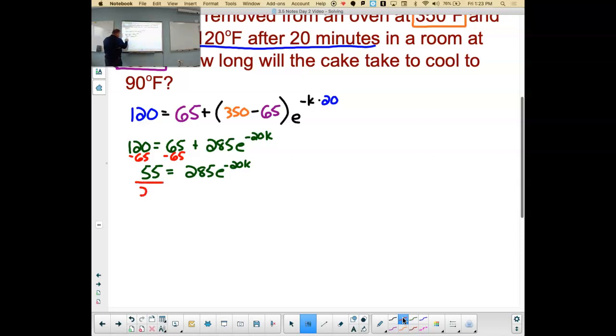Then I would divide both sides by 285. That's going to give me 11/57. If you wanted to leave that as 55 over 285, totally fine, because we're not done with the problem, so we don't have to reduce it quite yet. e to the negative 20k there.